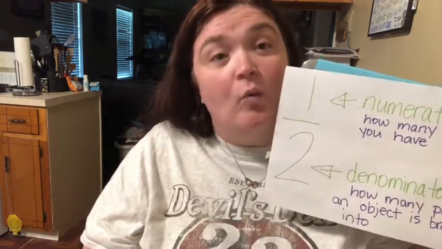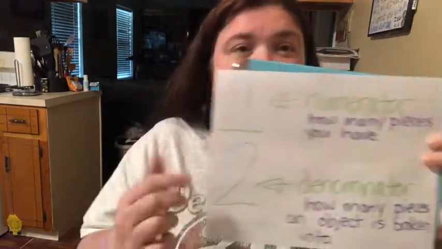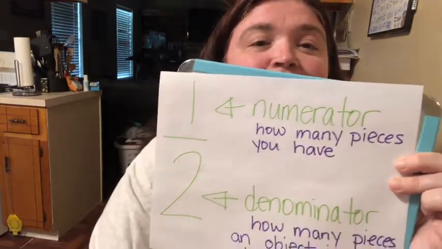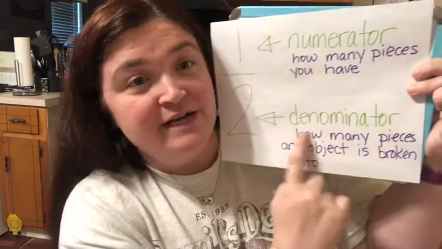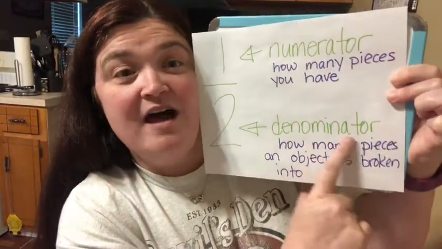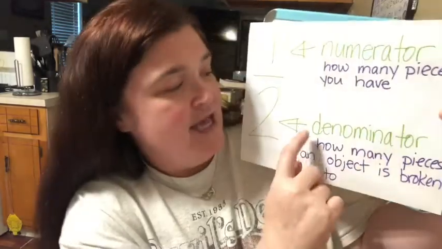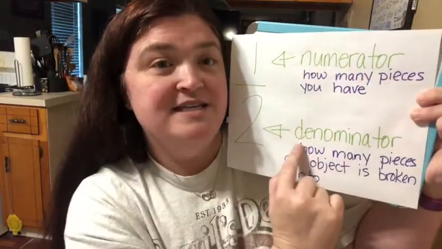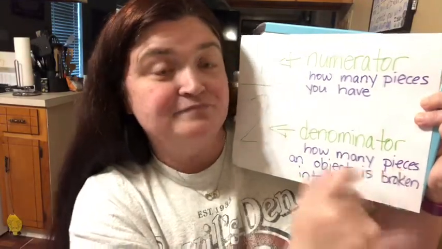Well, close. But the top number is my numerator. The bottom number is my denominator. Denominator. Can you say that with me? Denominator. There's the numerator on top, the denominator on the bottom.